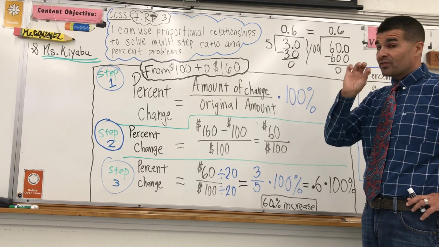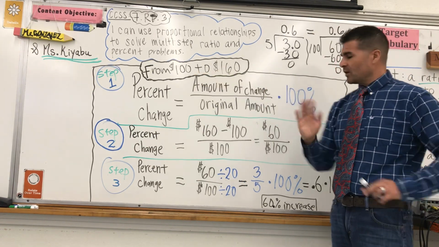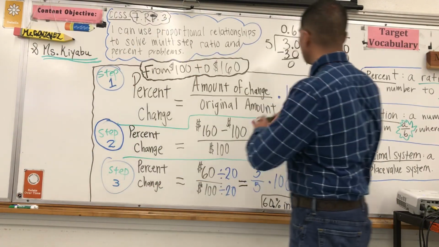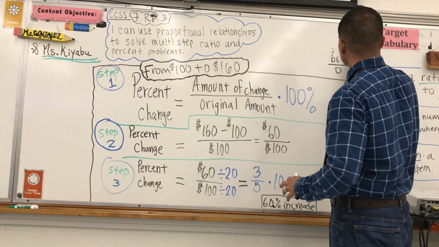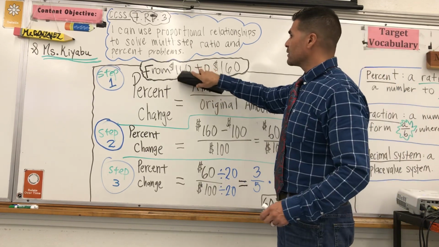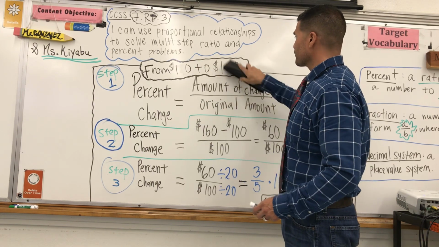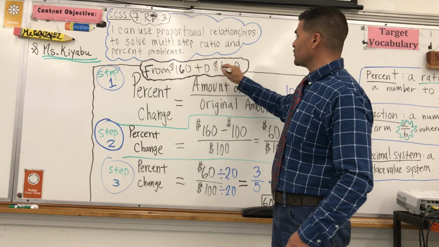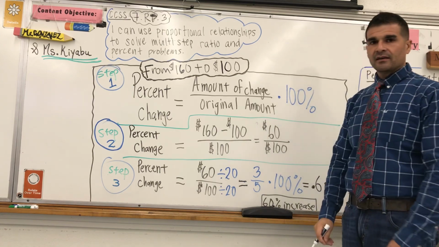Because this time, the denominator won't be 100 anymore. So what happens if I just change this problem a little bit? Here's the new problem. What if I said, let's start from $160 and go down to $100 instead.